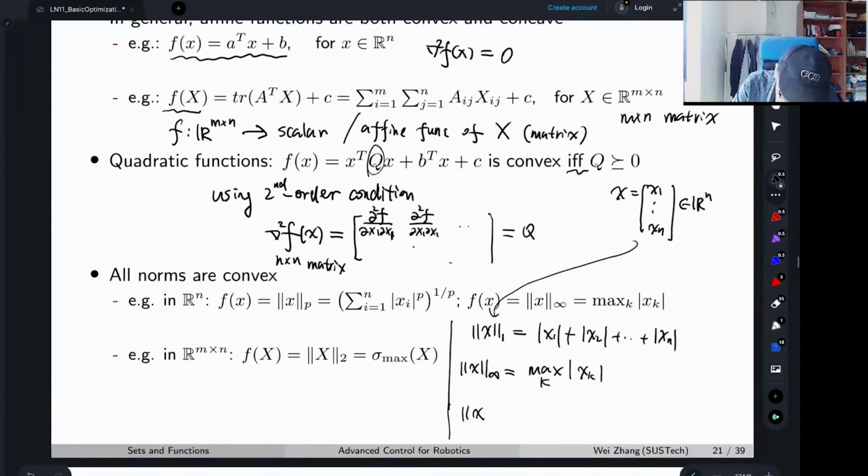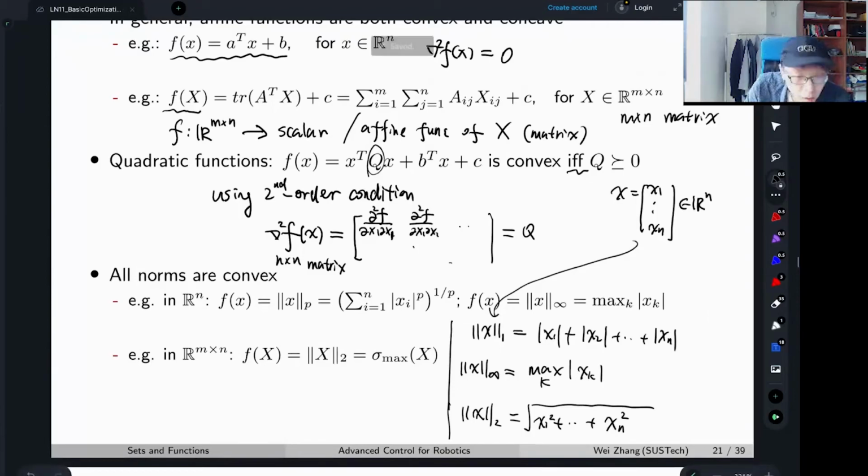And the p norm, or let's say the 1 norm, 2 norm, infinity norm, those are the typical norms that we use in optimization, especially in problems related to control. The 2 norm, the square root of x1 squared plus all the way to xn squared, we are familiar with, and the 1 norm and the infinity norm we also sometimes use quite a bit.